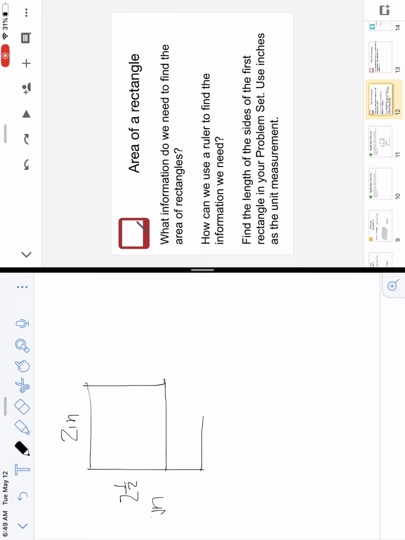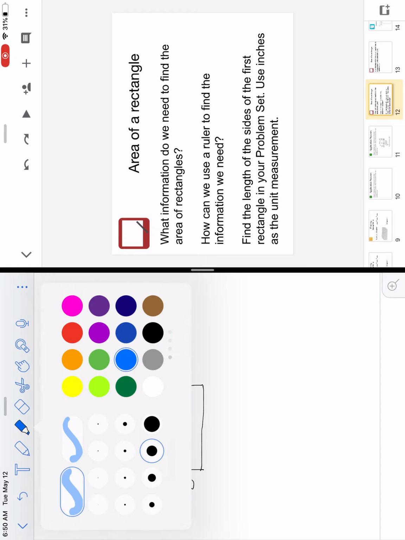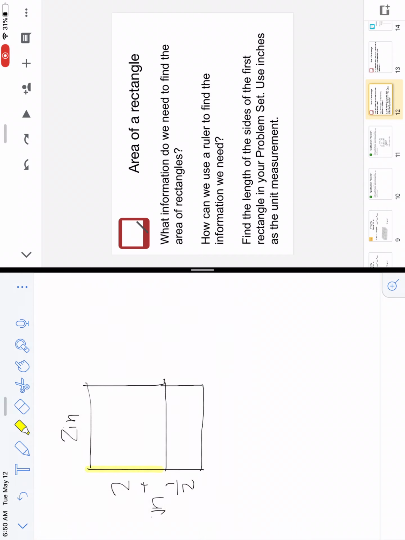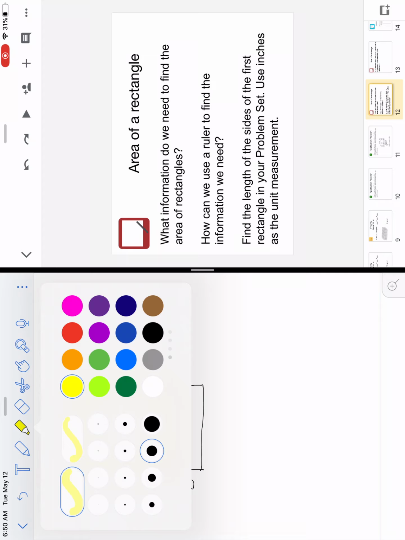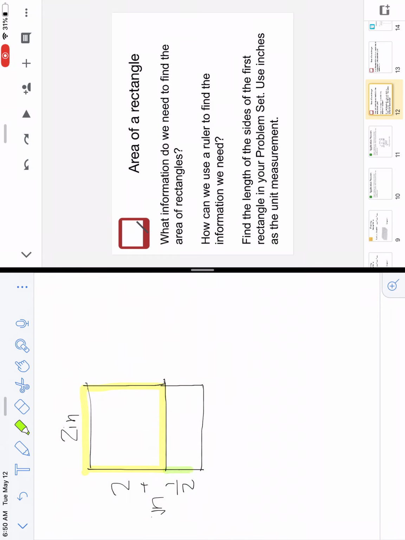So remember, we break apart the 2 and then the 1/2. 2 plus 1/2 inches. And so to find the area, you guys know, we find the area of this box plus the area of this rectangle.